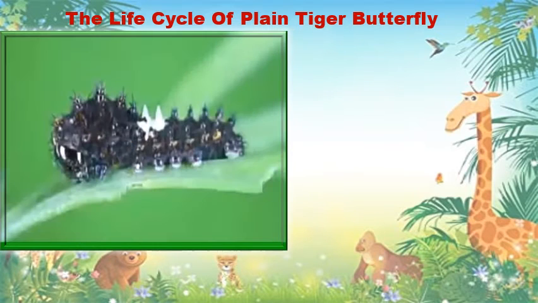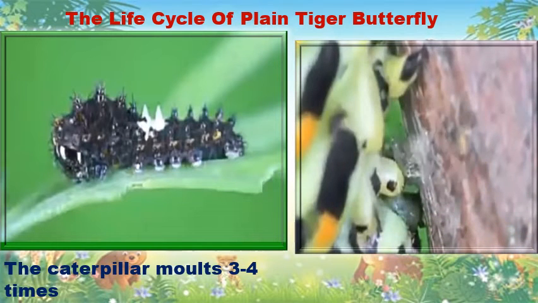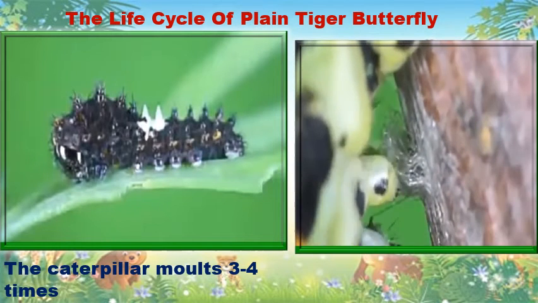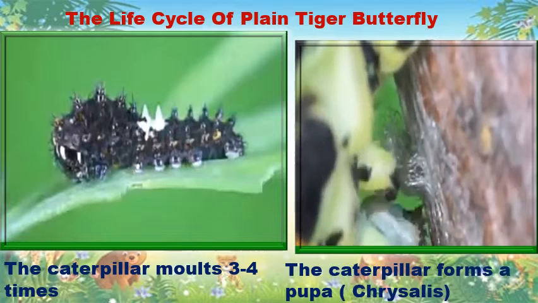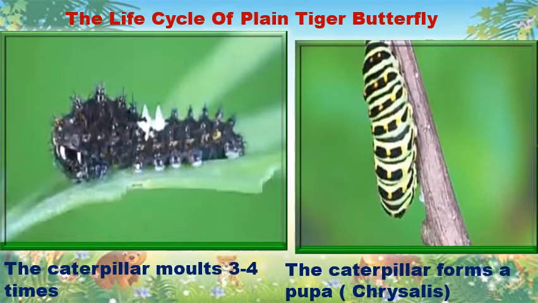See, it molted. It took the new skin. It molts for 3 to 4 times. Here after that, in the 5th time, the caterpillar forms a pupa or chrysalis.